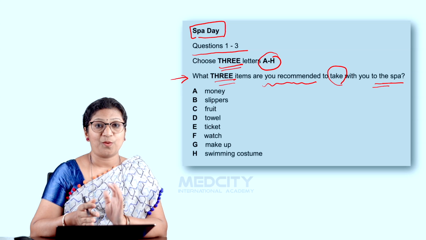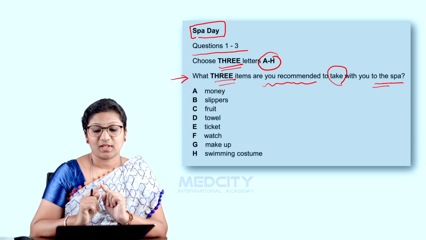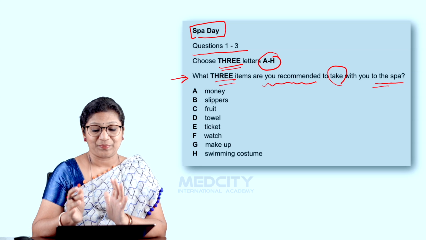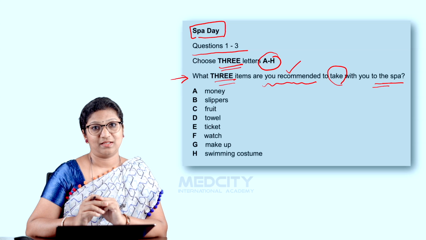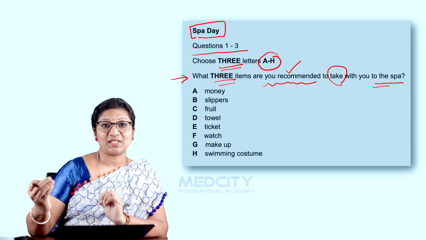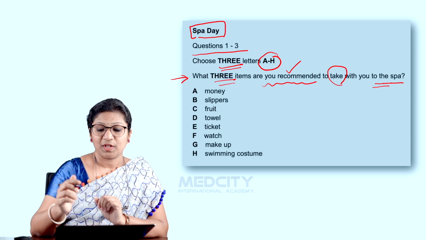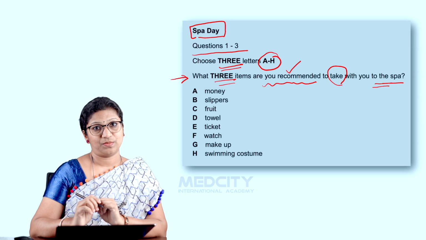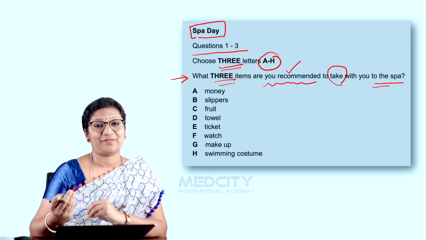In this case, we know we have to choose 3. Number 2. What should we focus on? Here it says items you are recommended, which means somebody gives as a suggestion or a recommendation to take with you, and that means we have to carry it ourselves.